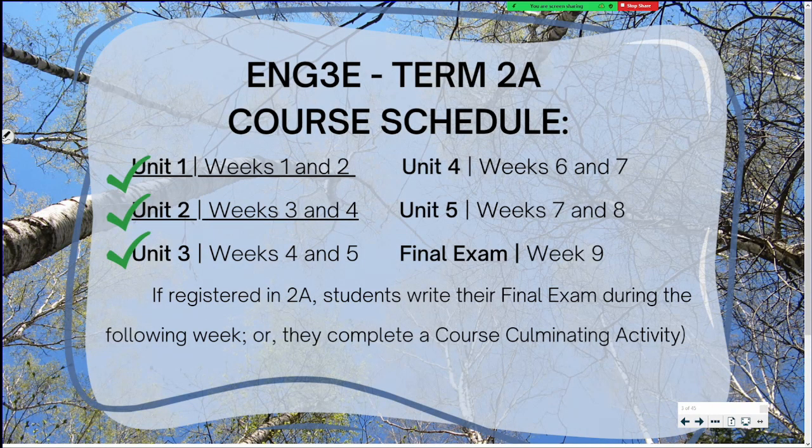So like I mentioned earlier, we've got units 1, 2, and 3 taken care of. So we're now on week 6. So we will devote week 6 and 7 to talking about unit 4. It's a bit of a shorter one in terms of how many assignments you need, so we might only need this week to talk about it.